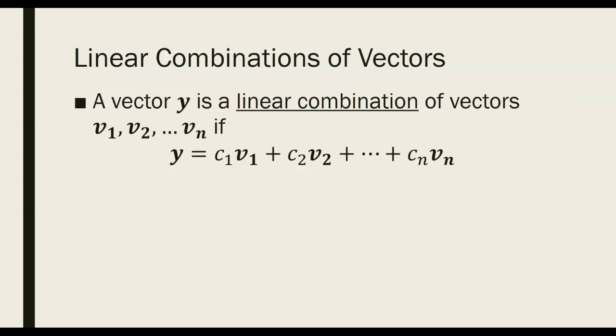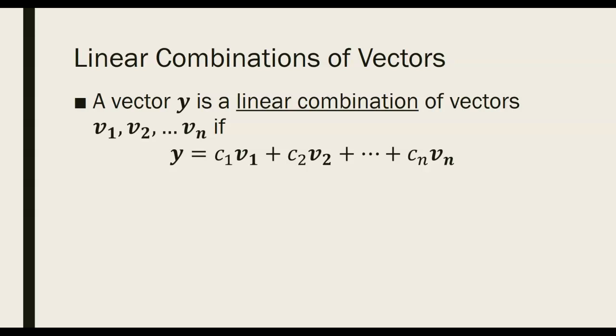Now, if I have a bunch of vectors, I can take scalars times those vectors and then add up the result. That sum will be a new vector, obviously, and that new vector we call a linear combination of my starting vectors.